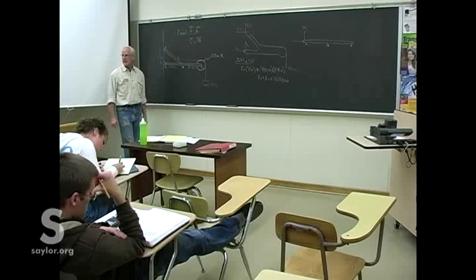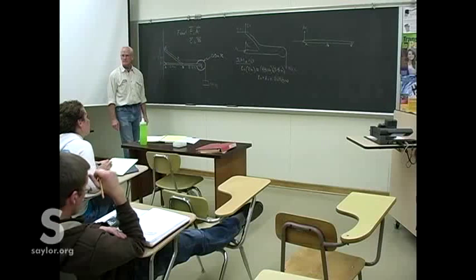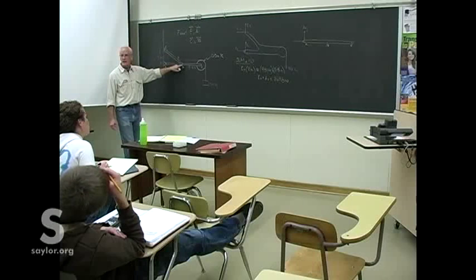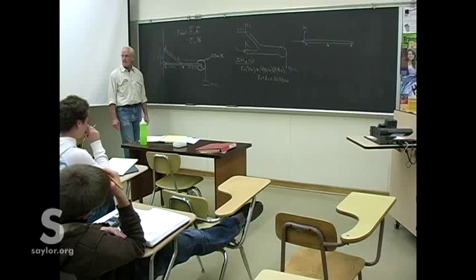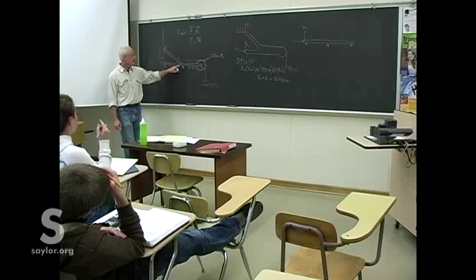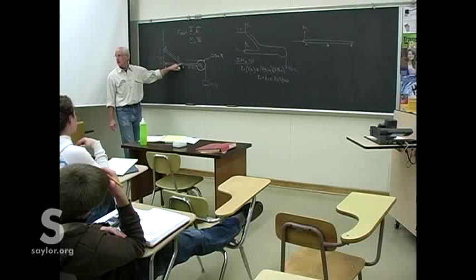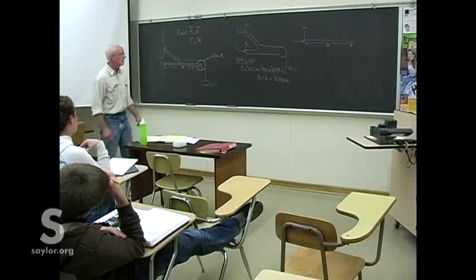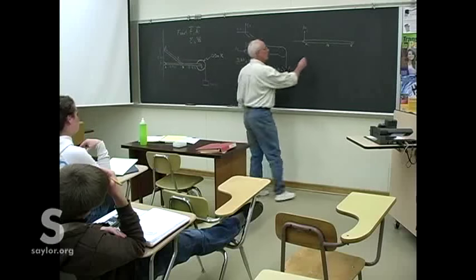What do I do about B? I have this piece coming down at B. Well, like any other pinned joint, we typically break it into its 2 components, so will that work?